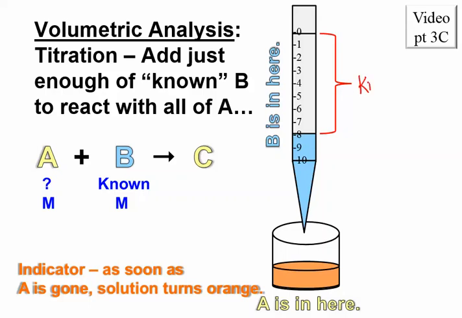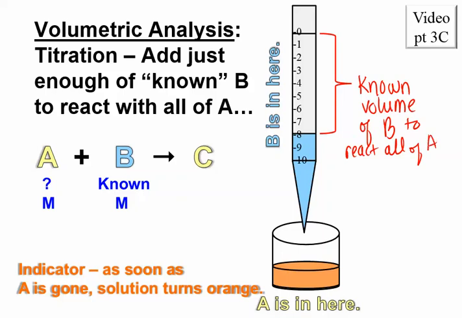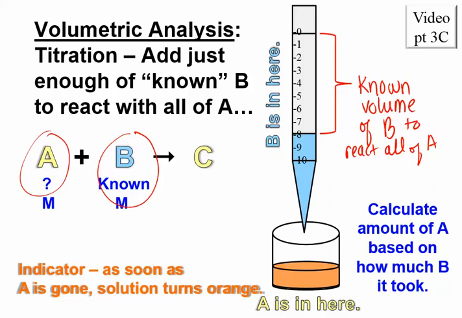So this gives me the known volume of B to react all of A. So I know how much it took of this. That allows me to back calculate and see how much A was present. Okay, and we're about to learn how to do those calculations. It's basically stoichiometry using solutions.